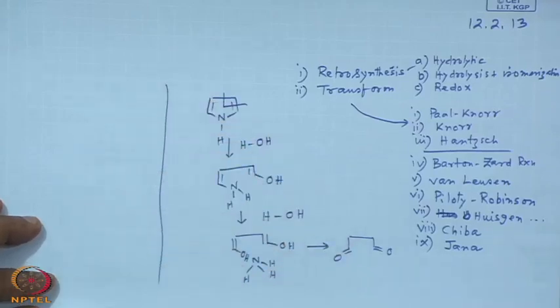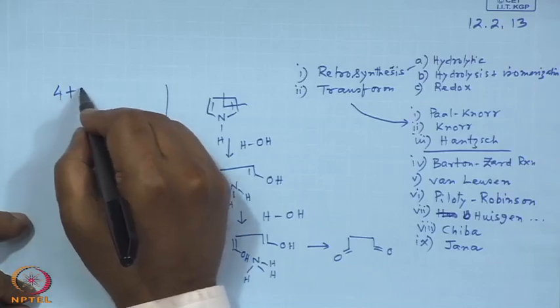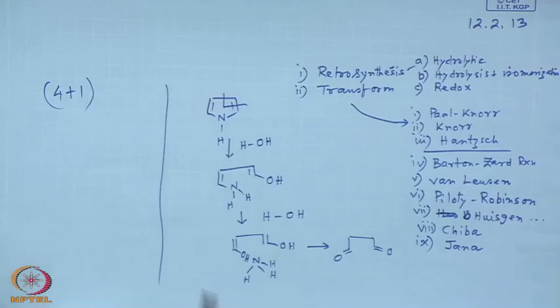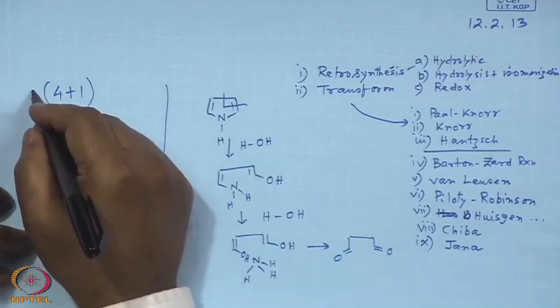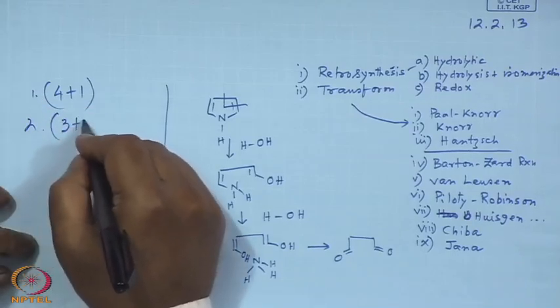But as a whole, the most successful approach, if we classify by the number of atoms, is the 4 plus 1 kind of cyclization. 4 plus 1 means you have a 4 atom species and 1 atom species, like the Paal-Knorr one. This is the most successful one, and the other successful one, of course, is 3 plus 2.